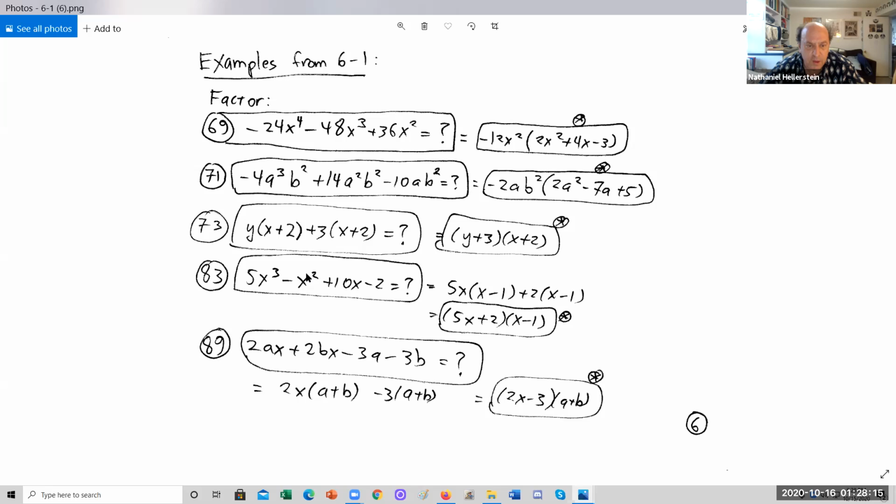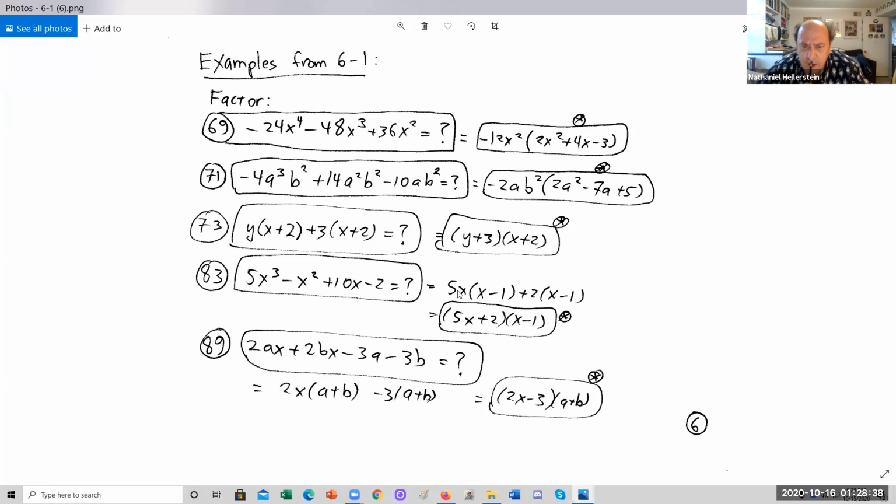5x cubed minus x squared plus 10x minus 2. These two terms, 5x cubed minus x squared, have a common factor of, oh dear, these two have a common, no, oh dear, something's gone terribly wrong. Oh my goodness, I think this one is erroneous. I'll have to take another look at it.